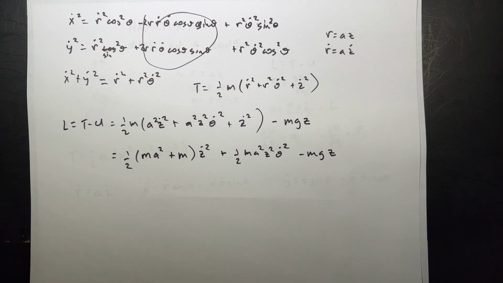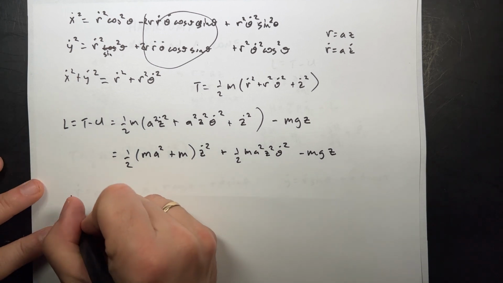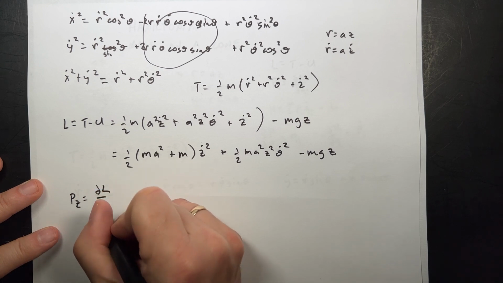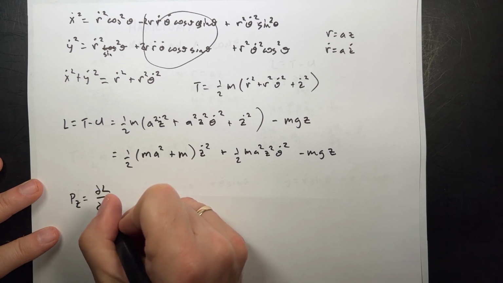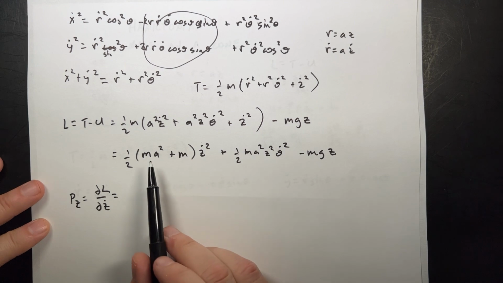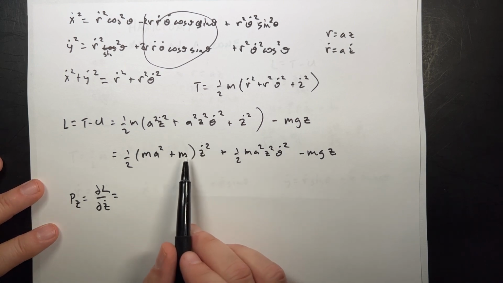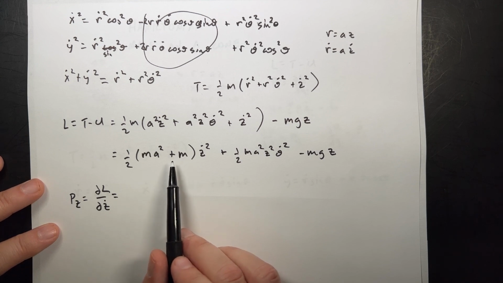Now I can use the Lagrangian to find my two momentums. So pz is going to be the partial of L with respect to z dot. If I do that right here, I have one z dot term. Isn't that right? Yep.